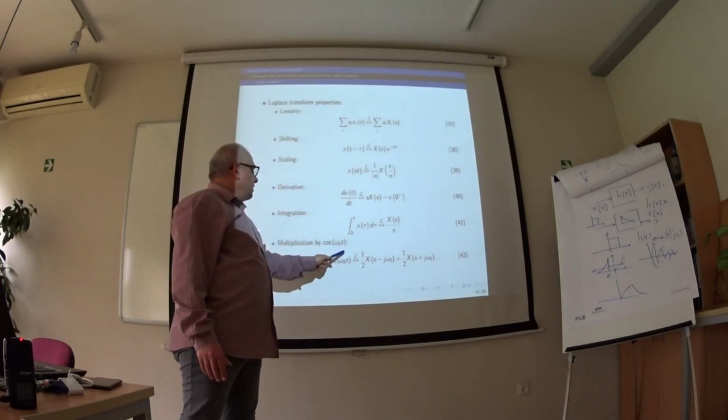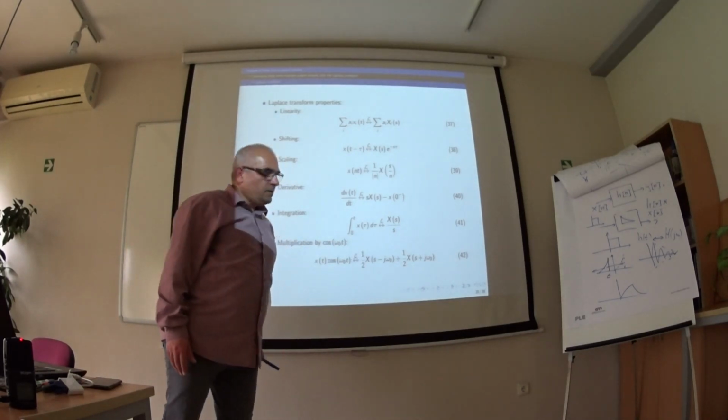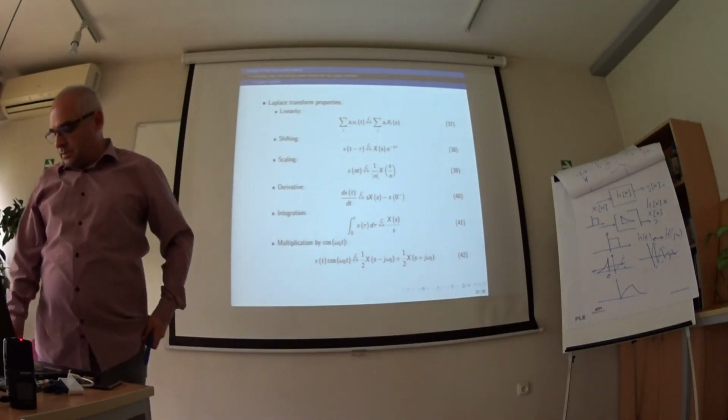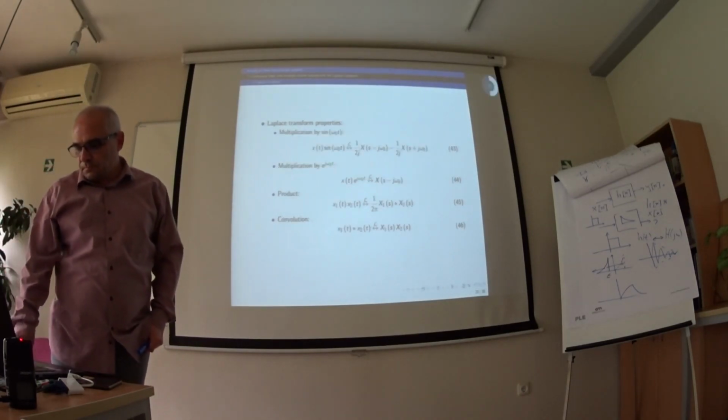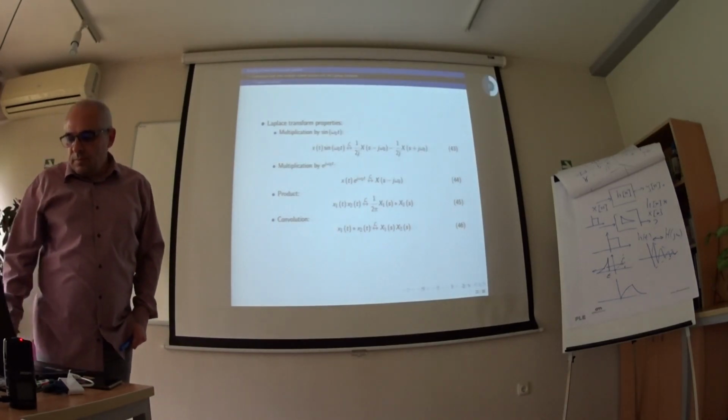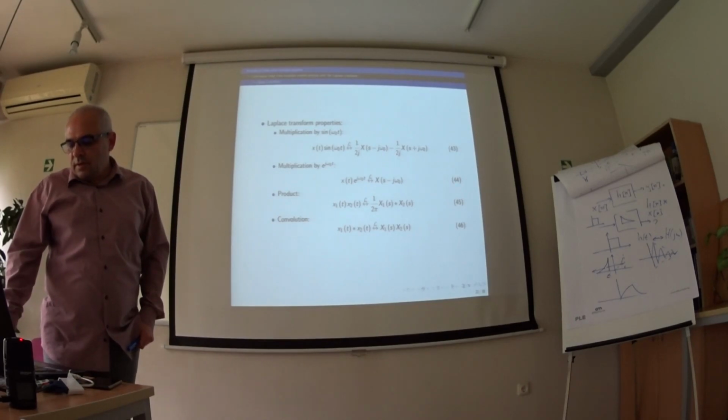Multiplication by cosine, the modulation property, is the same as in the Fourier transform. Multiplication by sine, by complex exponential, and the product is equivalent to the convolution in the Laplace domain.